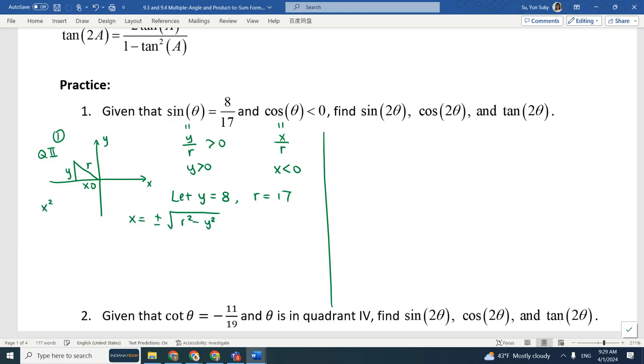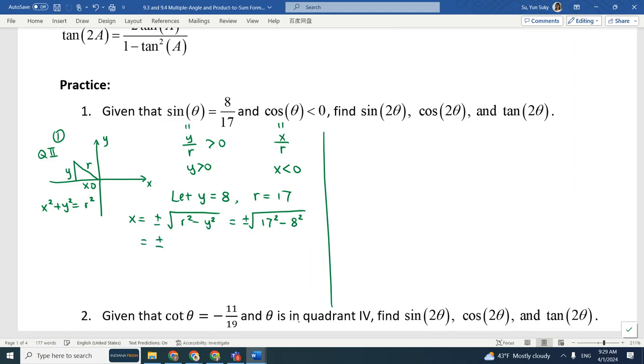Keep in mind, x squared plus y squared is r squared. So when you solve for x, you move the y squared to the other side, it becomes negative. And when you take the square root, you get plus or minus. Right, everybody? So let's see, plus or minus square root of r, 17 squared minus y, 8 squared.